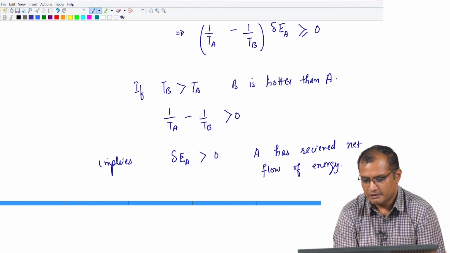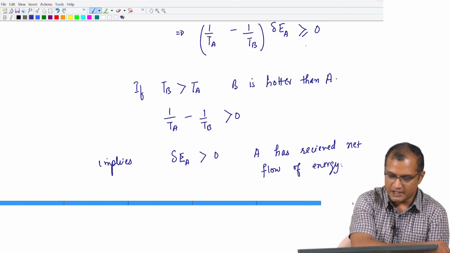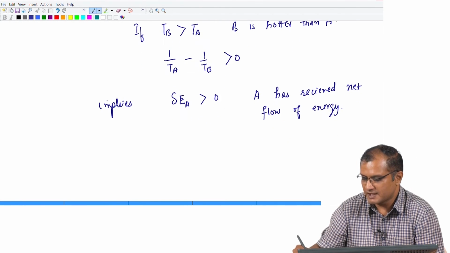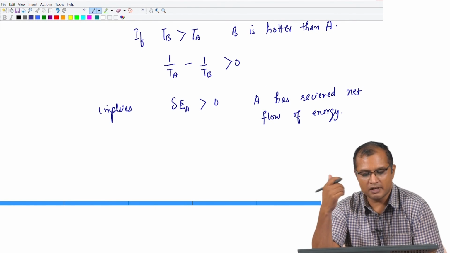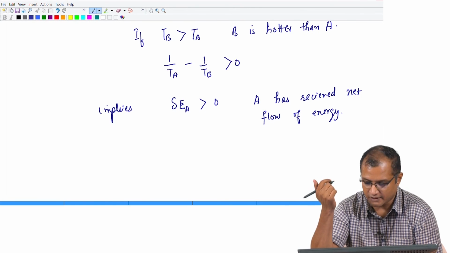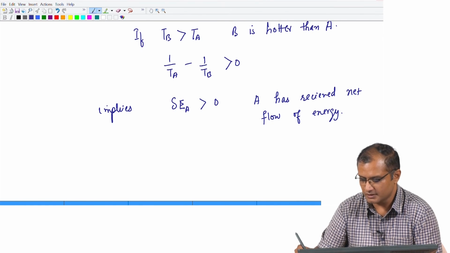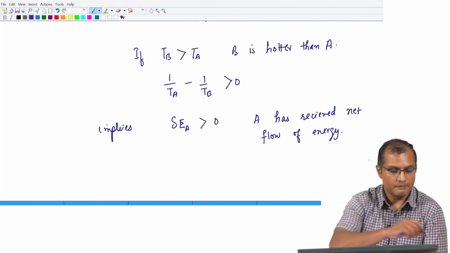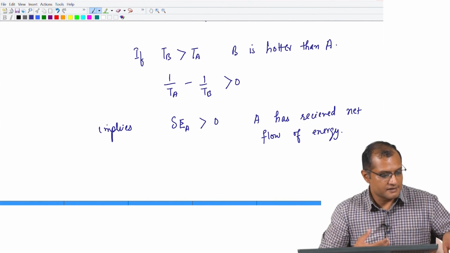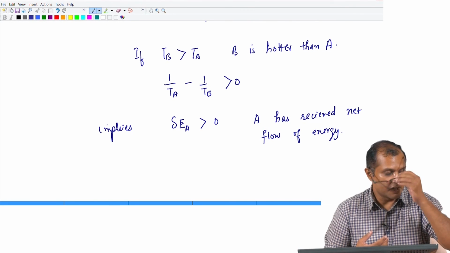So, the direction of heat flow is decided by the second law of thermodynamics, and that was naturally derived under the constraint that the entropy of the system has to always increase if the process is irreversible.